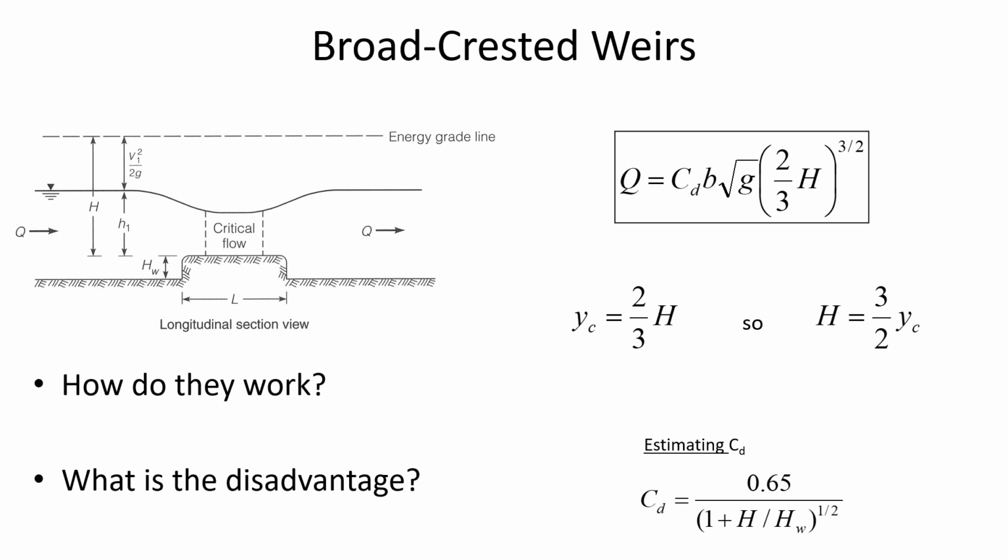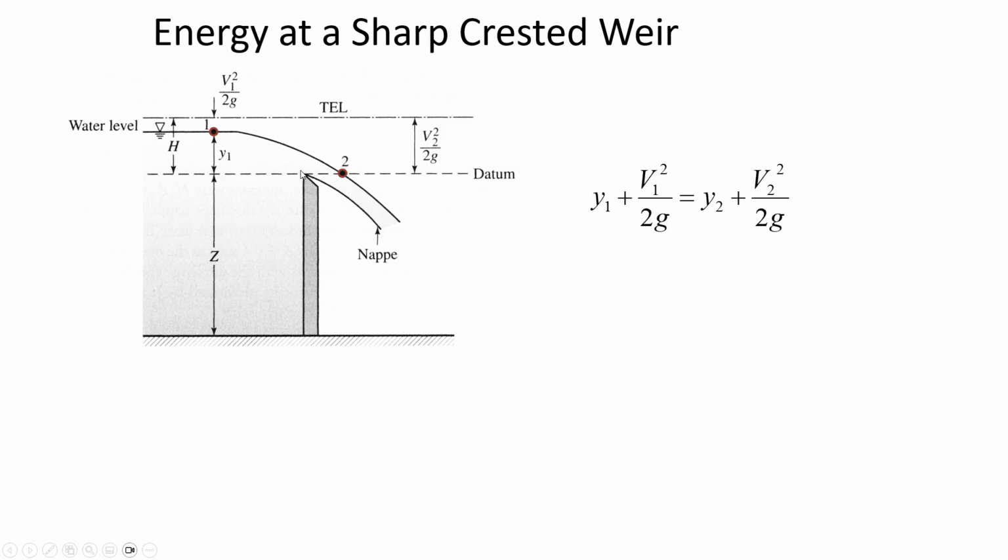So this is a broad-crested weir, and this is a sharp-crested weir. We've already talked about sharp-crested weirs a little bit. If we were going to compare the energy at 1 and the energy at 2, and specifically if we measured the energy above some datum where the datum is set at the elevation of a sharp-crested weir, then at 1 the water has elevation and velocity head.